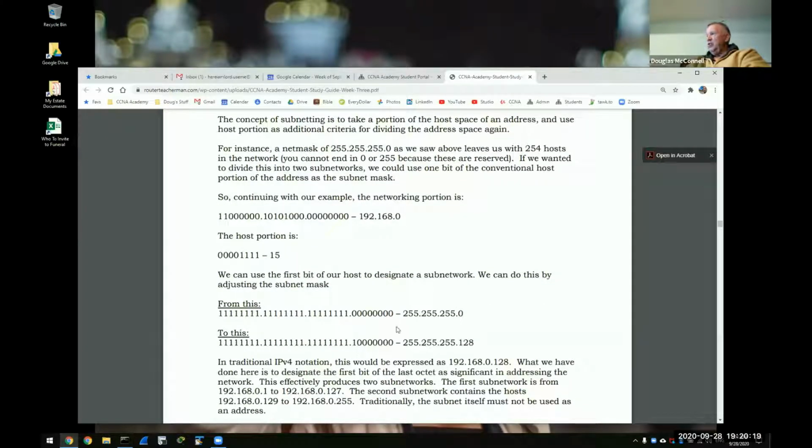So if we change our subnet mask just by 1 bit, we change it from 24 bits, and now we change the network portion by 1 additional bit, 25 bits that are on, right? Well, that new expression of the subnet mask would be this.